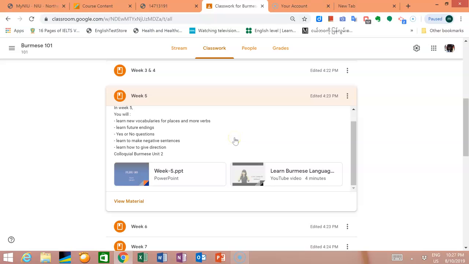For week 5, learners will learn new vocabulary about places and more verbs, learn the future ending and how to form yes or no questions, learn how to make negative sentences, and learn how to get directions. They're required to study Colloquial Burmese Unit 2.